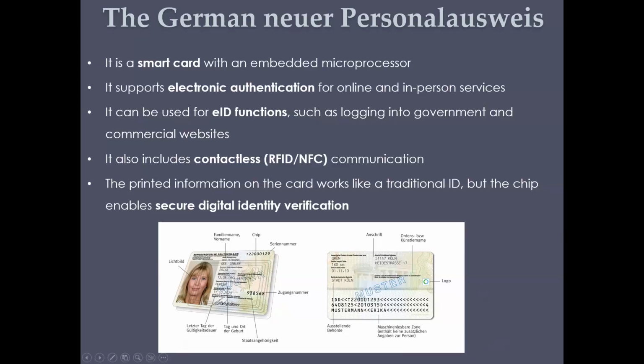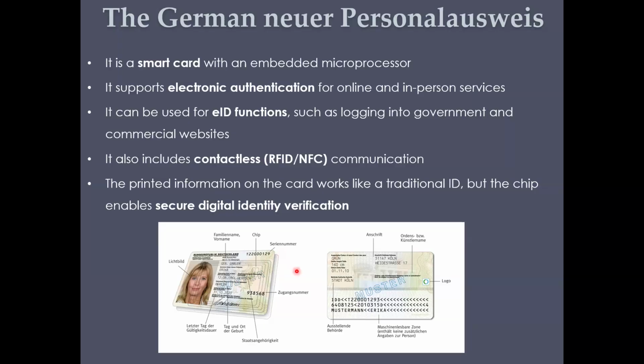The thing to highlight here is that information is stored on the card itself, and this could be any sort of identification for the actual user or client. It is also a smart card with an embedded microprocessor, similar to smart tokens or smart cards.